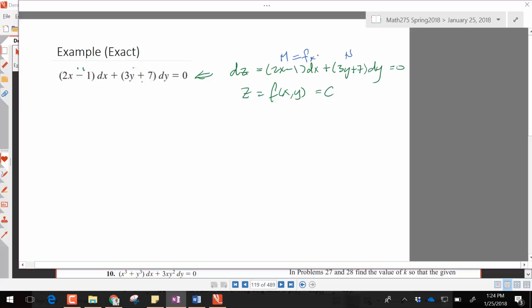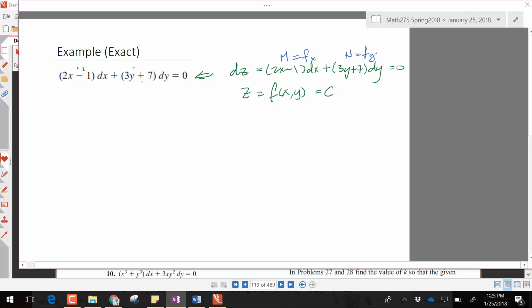The differential comes from taking the derivative of the function with respect to x and multiplying it times dx. So that means this function m, which is right next to dx, must be the derivative of the function with respect to x, this unknown function that we're looking for. And the derivative of f with respect to y is that function that's next to the dy.